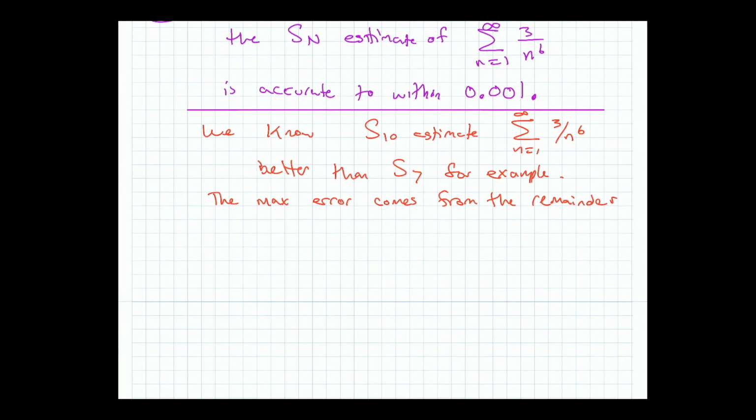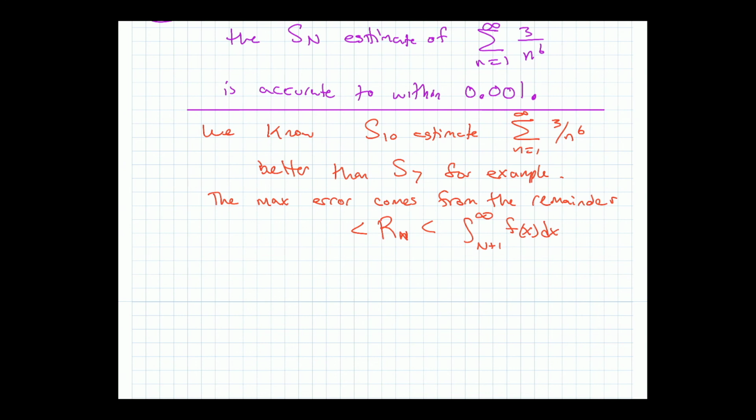Now remember, the way the remainder is set up, you have an integral from capital N plus 1 to infinity of f of x dx, and the remainder is less than that.